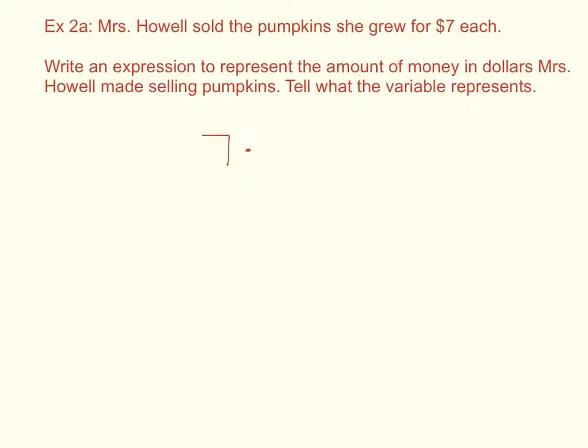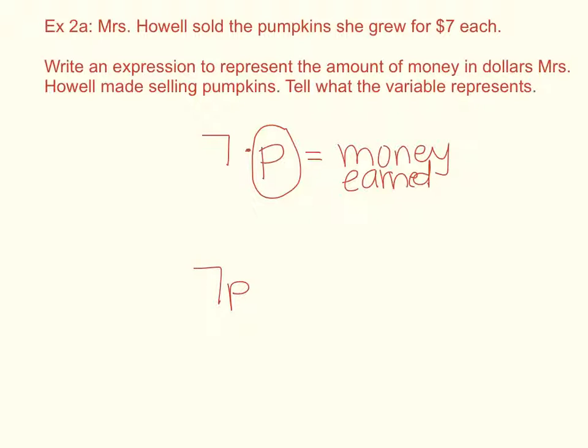And I'm going to use P for pumpkin, because that's what I did. No matter how many pumpkins she sold, I multiply it by 7, and that gives me the amount of money she earned. Money earned. See that? So our expression is 7p equals the money earned.